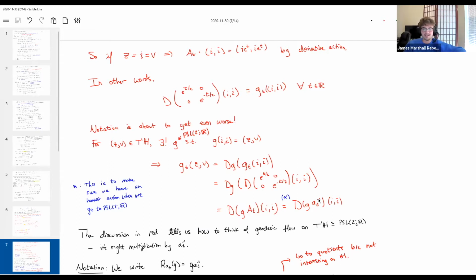And then for reasons later, we rewrite this as A t inverse, little A t inverse, where you just take it to be the inverse of capital A t. This is just to make sure we have an honest action when we go to PSL2R, because we'll be working with right cosets, and when we do this derivative action, we want to make sure the compatibility feature works.